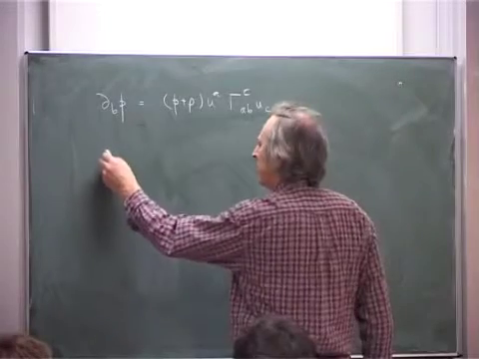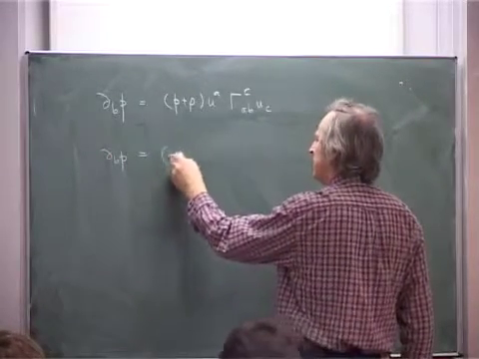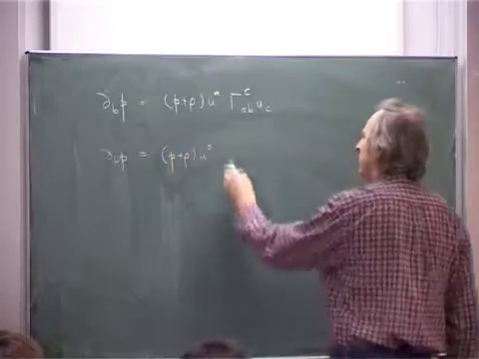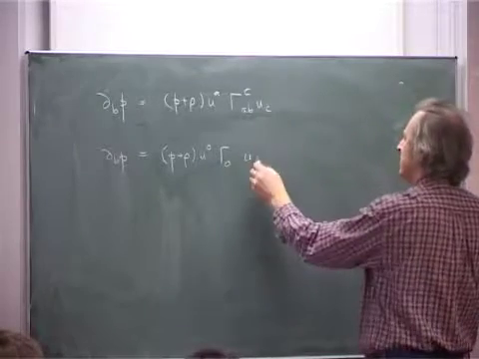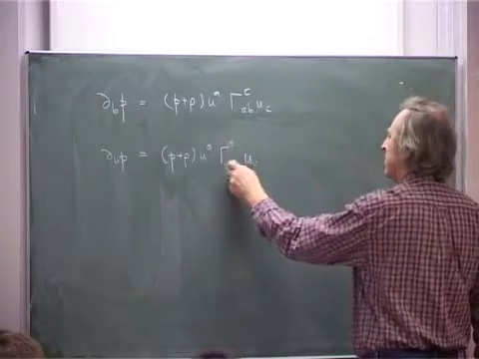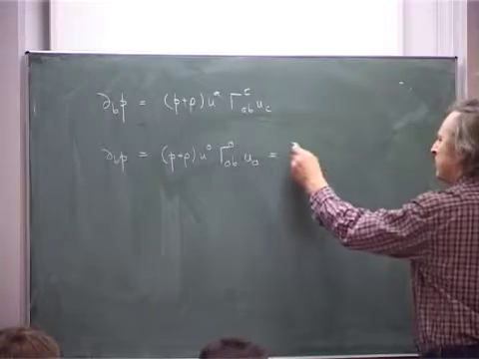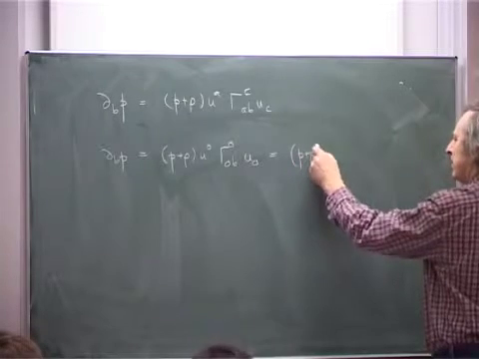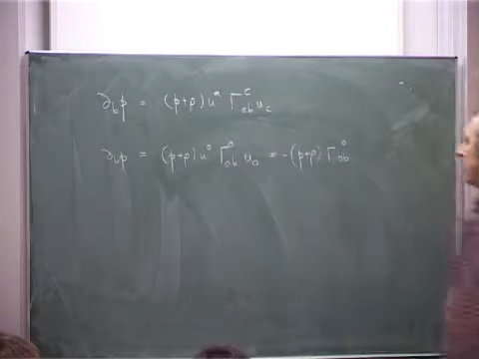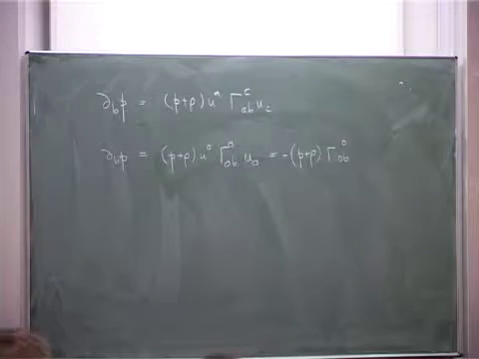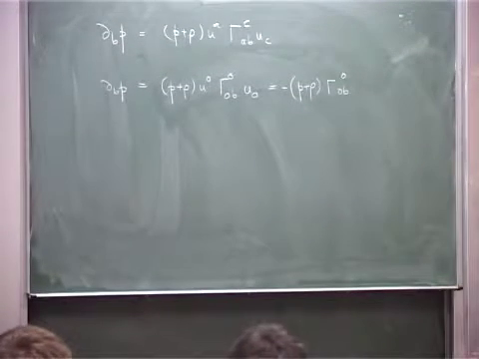So you can say that this is really dB of P equals (P + rho) U0 upstairs, gamma with a 0 there. This is a 0, so that's got to be a 0 and then a B. And since you know what U0 is, this turns out to be (P + rho) gamma 0, 0, B with an overall minus sign. So that's as much as you can get easily from the equation of energy momentum conservation.